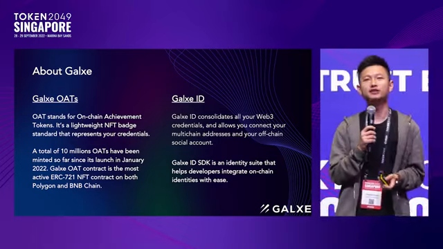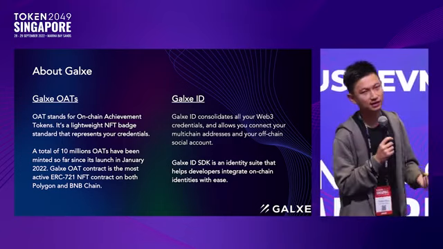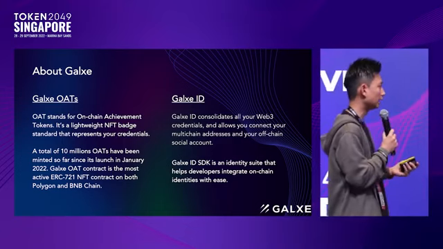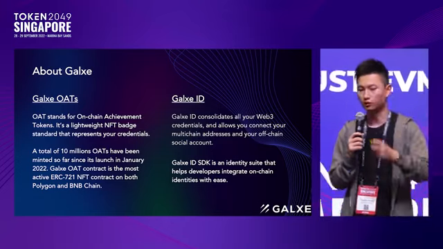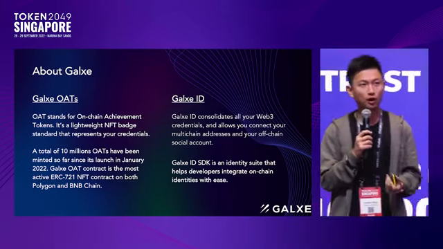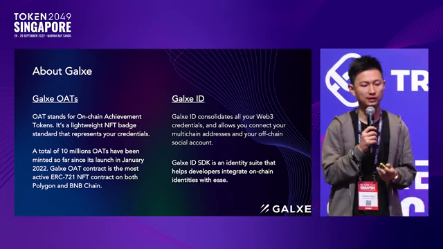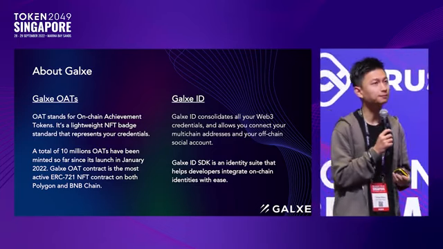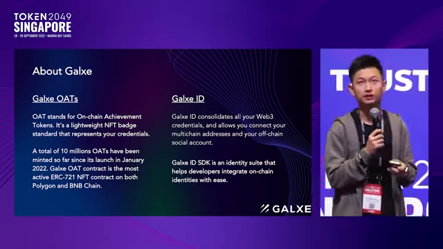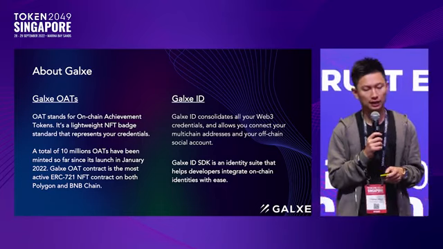It's a lightweight NFT badge solution, gasless, to represent your credentials. And so far, we have a total of 10 million Oats that have been minted since the launch in January 2022.